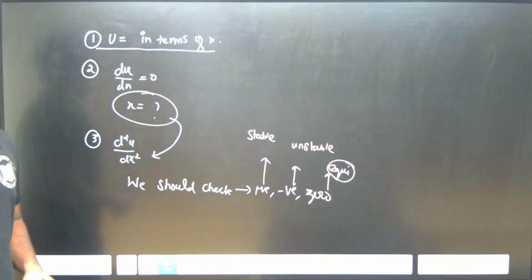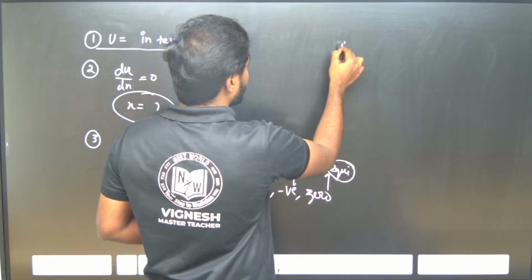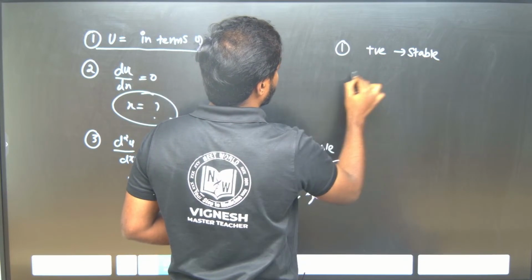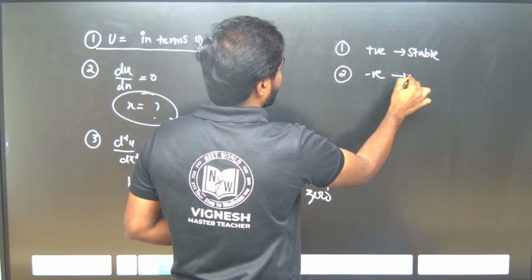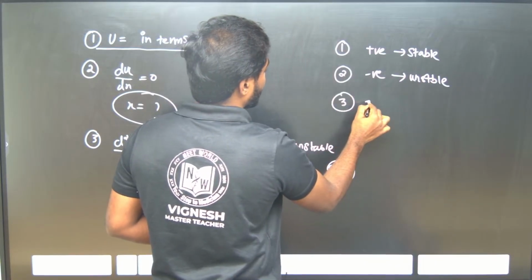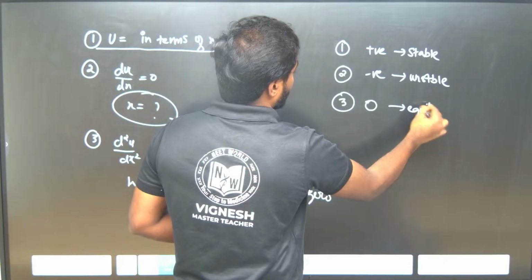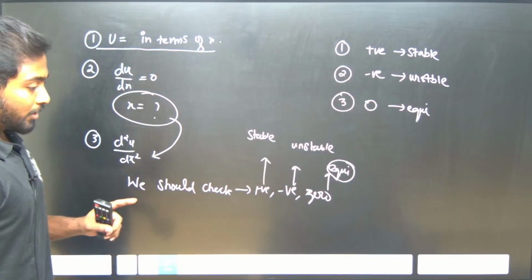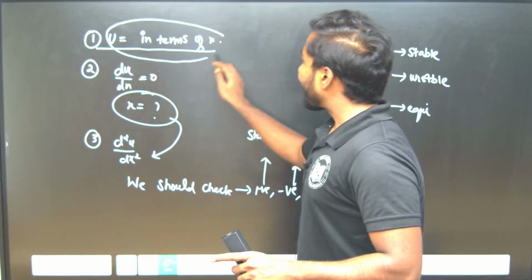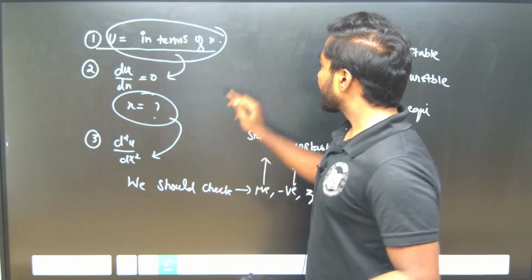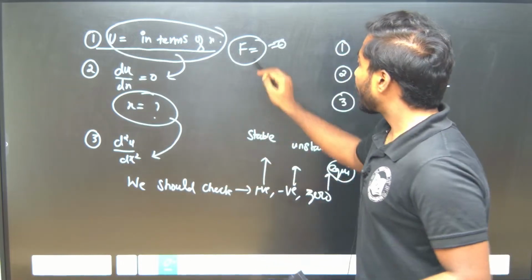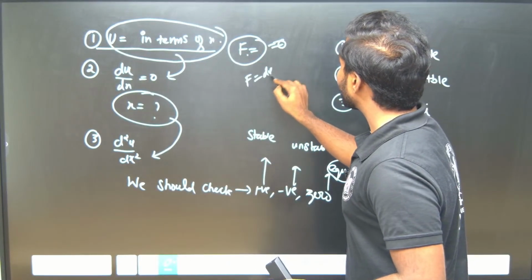So positive means stable, negative means unstable, and 0 means equilibrium. One thing we should remember: when they give the equation of u, I should differentiate. If they give the equation of F, I should equate it to 0 directly, because F is nothing but du by dx, right?